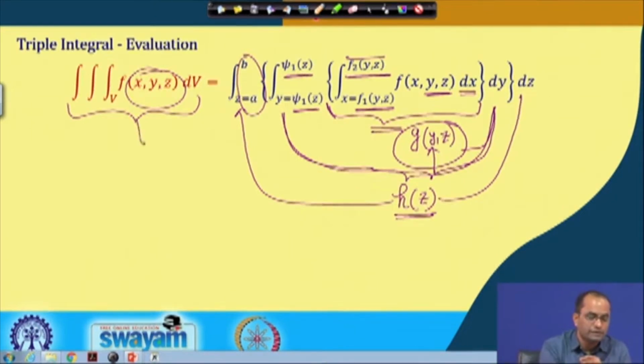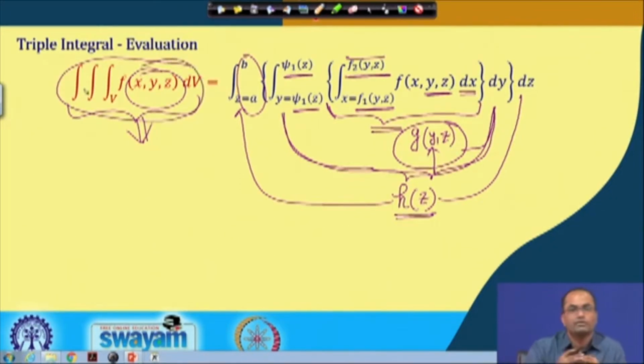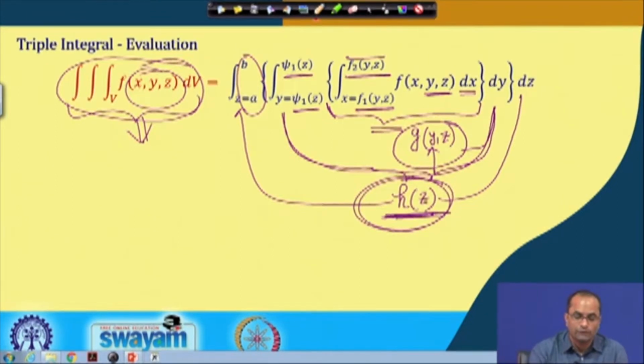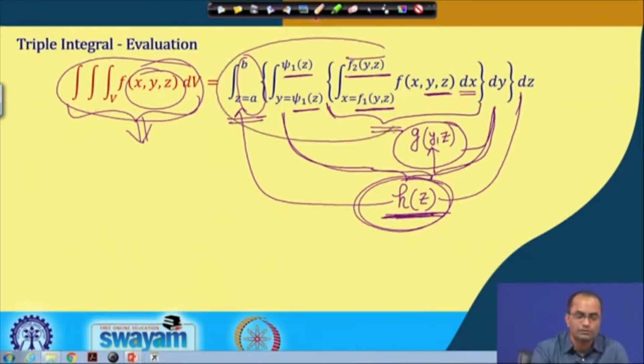So, once we have the evaluation of the inner two integrals, getting a function of z, we integrate with respect to z. For the outer integral the limits must be constant. This is a general consideration which we should always keep in mind while putting the limits of the integral.